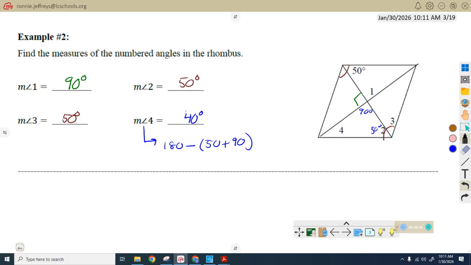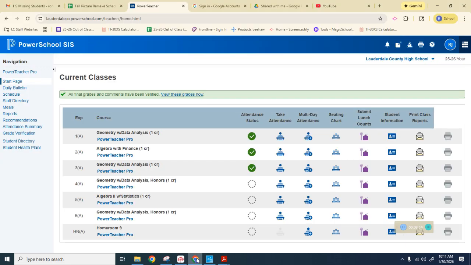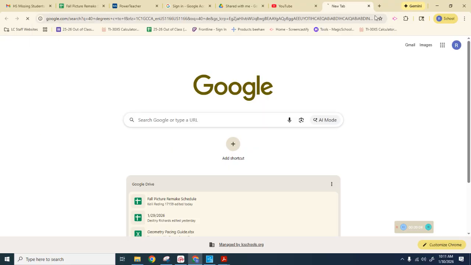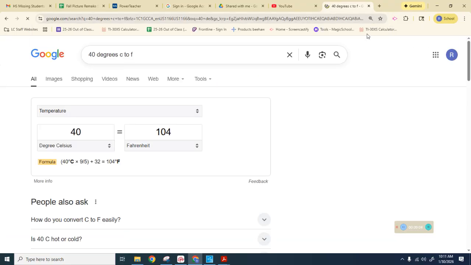Now, a lot of the actual... Yes. How much is it? I don't know. So, 40 degrees Celsius to Fahrenheit. Good. Almost close. Very close.